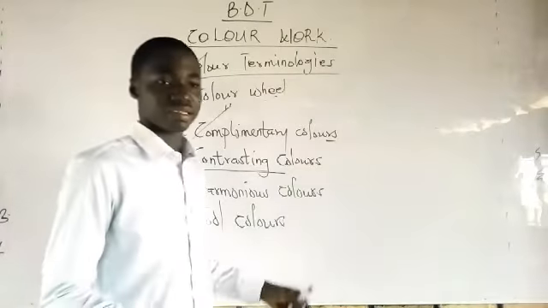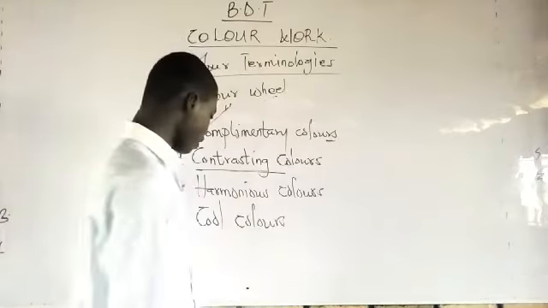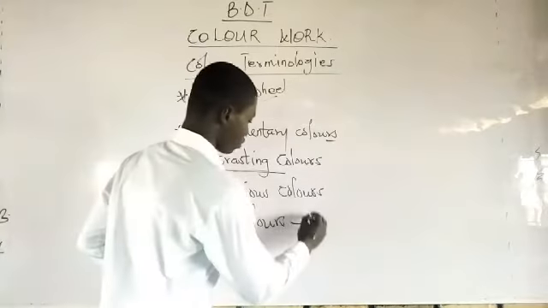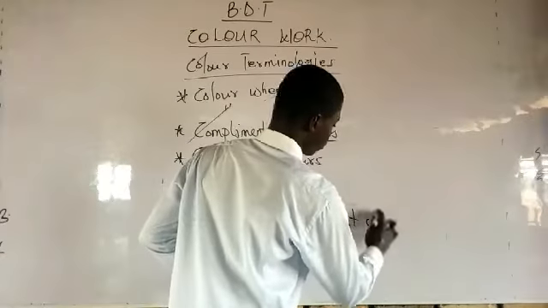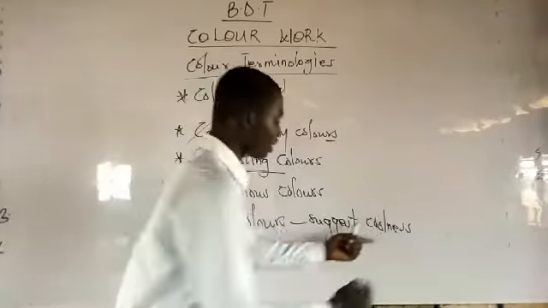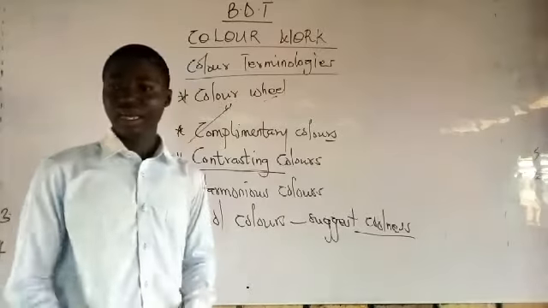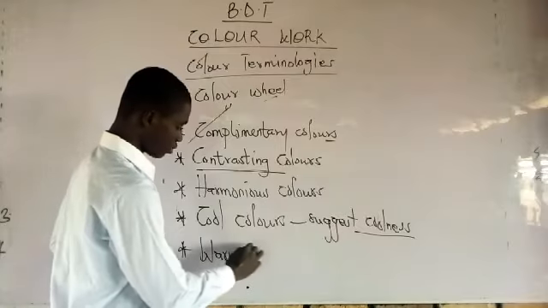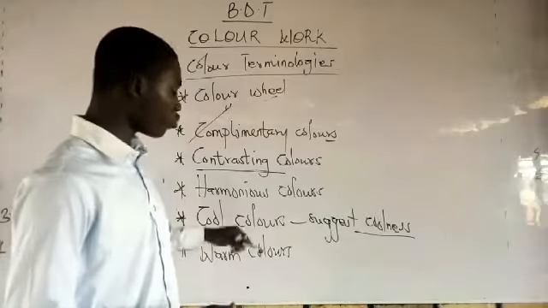When you say cool colors, colors that suggest a feeling of coolness are termed as cool colors. The next one we are going to look at is the warm colors. The warm colors are the opposite of cool colors.